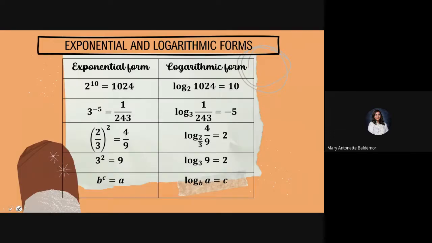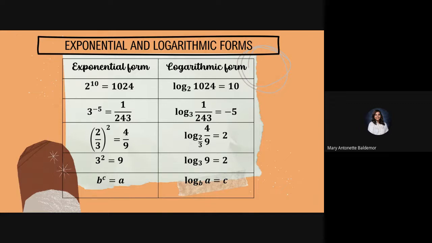Okay, so in this table, we are showing you the exponential form and the logarithmic form. As you can see, these are just rearrangements of the exponential equation. So we have 2 raised to 10 is equal to 1024.